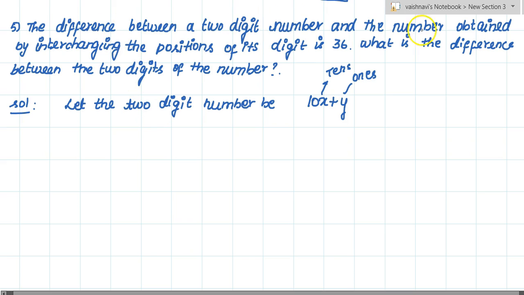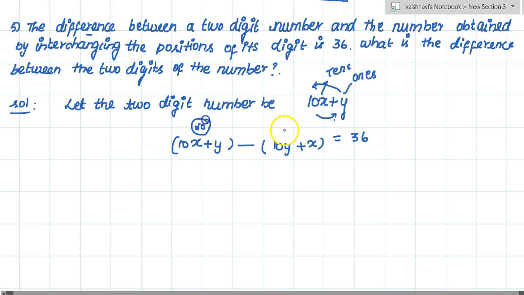Now, from the question, what you have is the difference between the number and the number obtained by interchanging the positions of the digits. You have to interchange the position of x to y and y to x. If the number is 36, you have to interchange it as 63 and subtract them from each other.